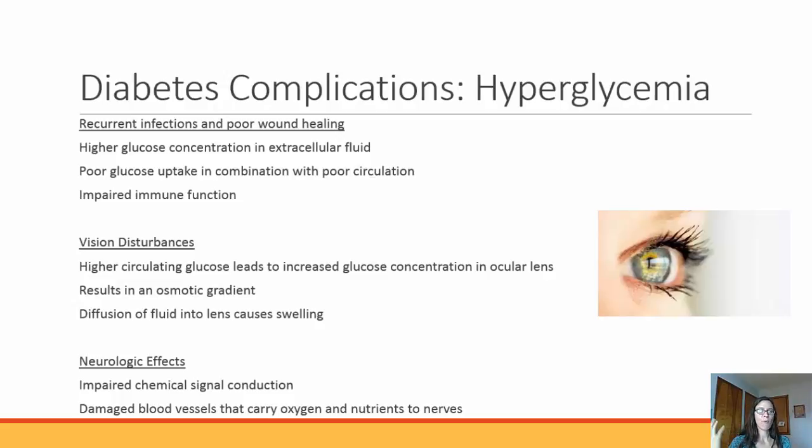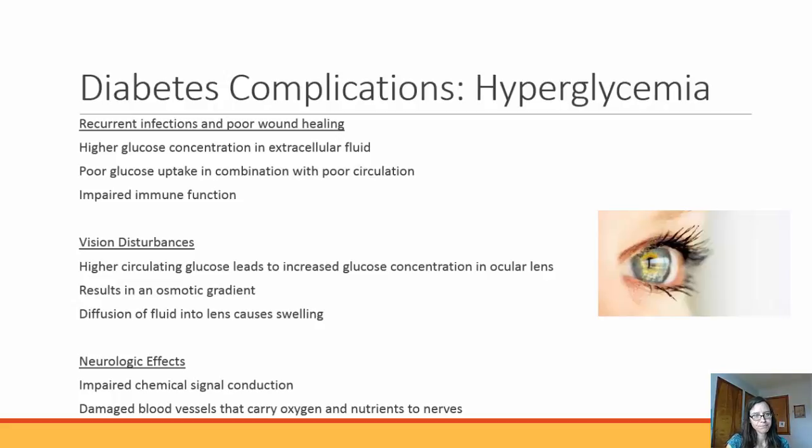What happens is we just have poor circulation, and we also just don't have the energy that we need in order to heal our wounds. So I know when I was in the hospital, they would say, okay, if you have a blood glucose level over a certain amount, I think they said over 180 or over 150 or something like that, basically you are not going to be able to heal your wounds simply because we have too much glucose in our extracellular fluid and poor circulation.